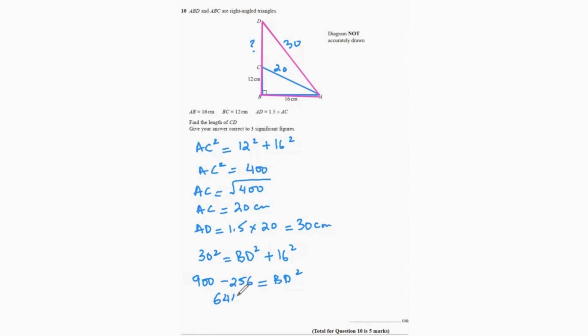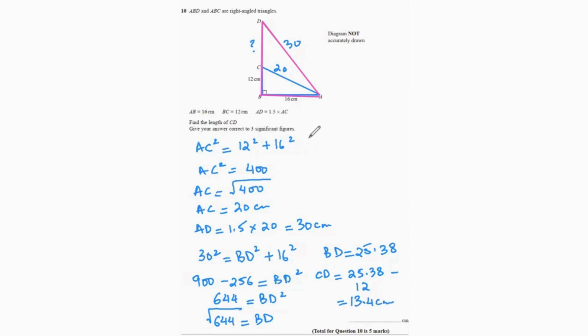That's 644. Square root of 644 is 25.38. So CD is going to be 25.38 minus 12, which equals 13.4 centimeters, correct to 3 significant figures. That is your final answer.